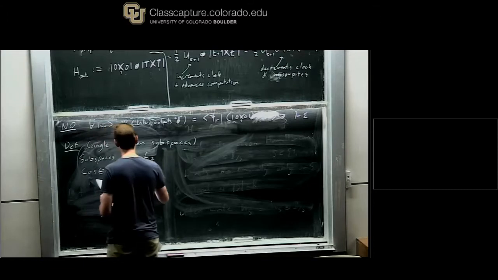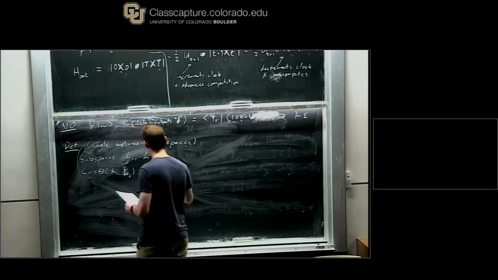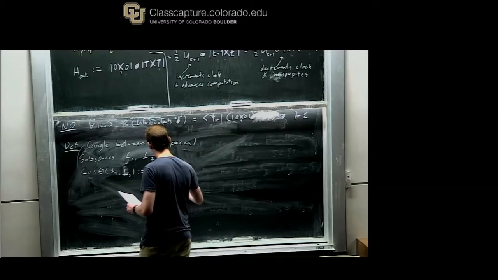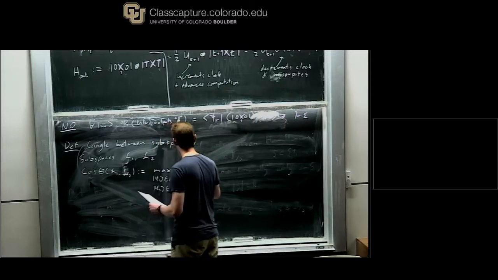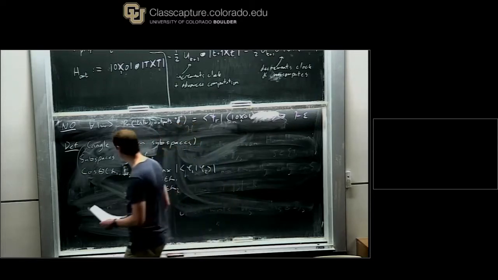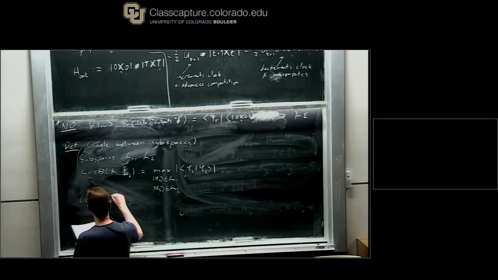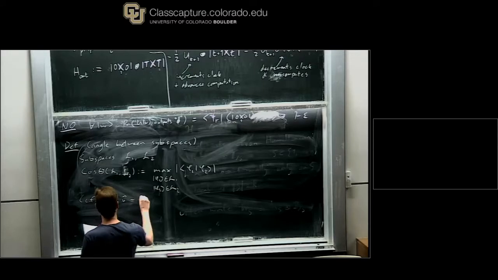The cosine of the angle is defined by the maximum over states in the first subspace and states in the second subspace, of the overlap. So think about how I define the angle between two vectors in high school maths, right? u dot v is equal to cos theta when u and v are normalized.